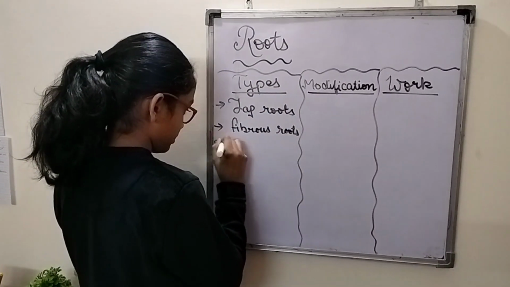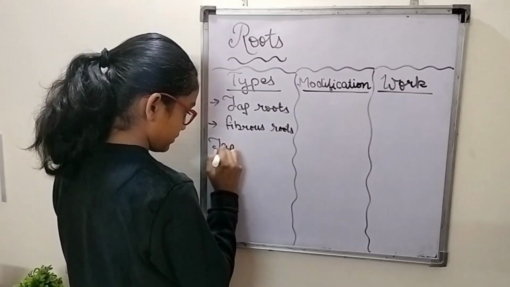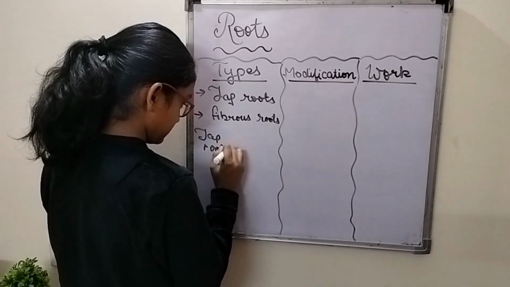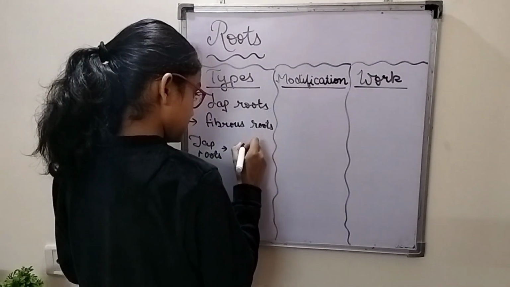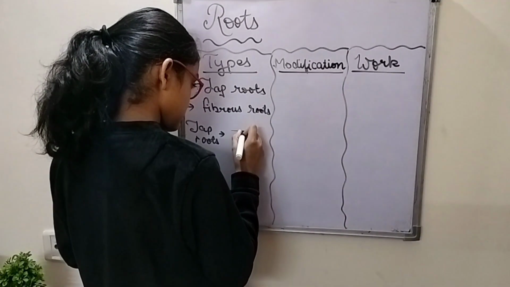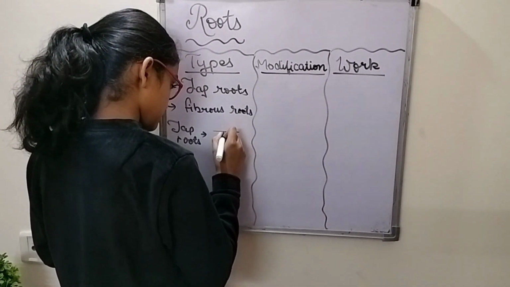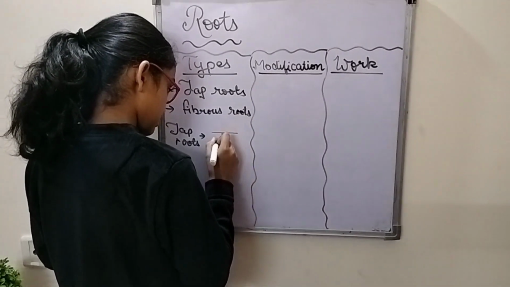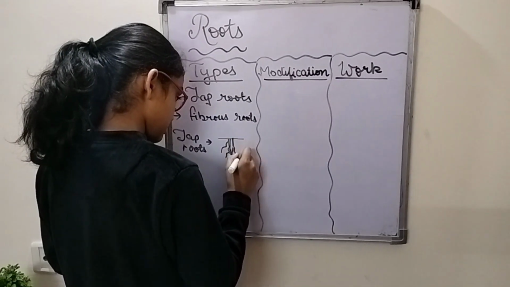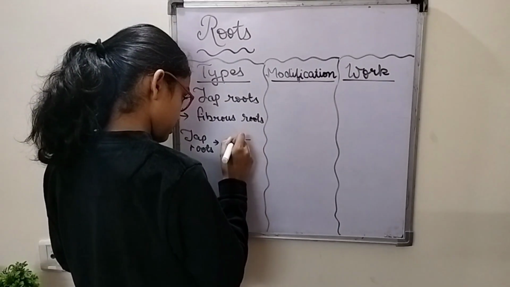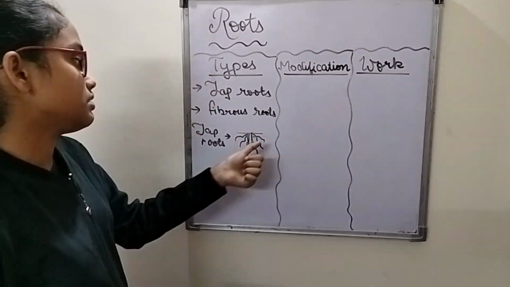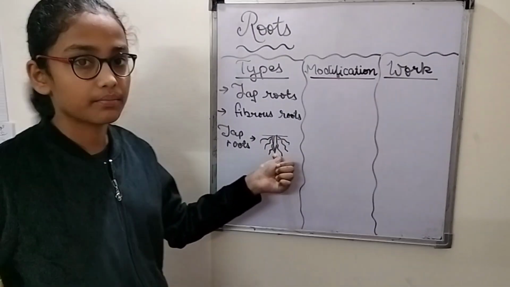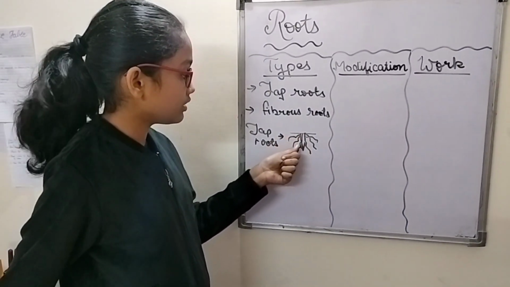This is the taproot. This is the plant. There is a main root in the center, and from that, many lateral roots come out.